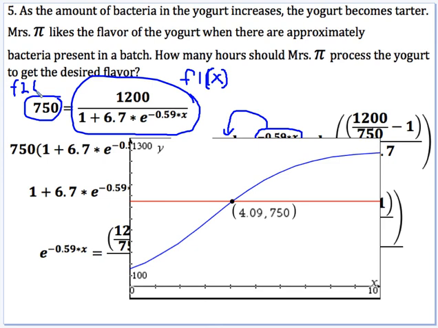I've shown you guys how to do this before with lots of other types of equations. It does not matter what type of equation you have. Anytime you want to find x and they give you a y, you can do this. So I plug the original equation in for f1(x), and then I plug this in for f2(x), and then I just analyze the graph and find my intersecting point.